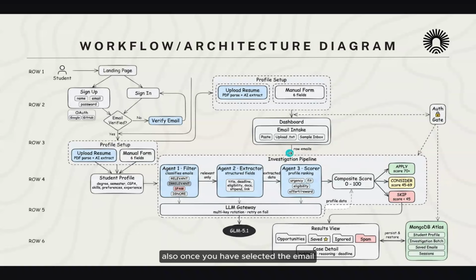Once you have selected the emails, the first agent, the filter, classifies the emails as relevant, irrelevant, spam, or ignore. Only relevant emails are then passed to agent 2, the extractor, which extracts the title, deadline, eligibility, stipend, links, and anything else in those relevant emails. After that we have the third agent, the scoring agent.